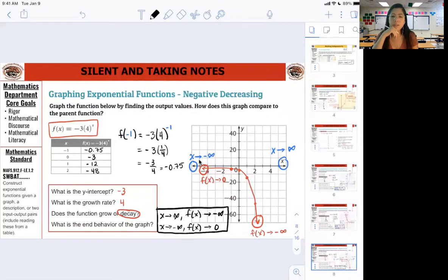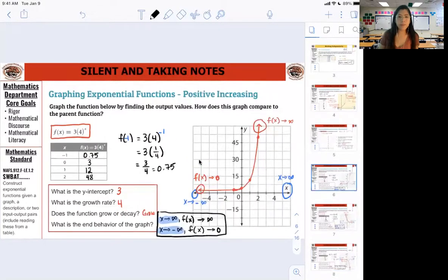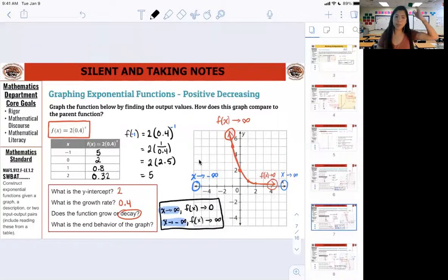All right. To summarize everything so far, we have seen a positive increasing graph. So it's just positive going up. Everything's nice and happy. This is growth. We've seen a positive decreasing graph, so it's decaying, going down, but it's still above the x-axis.